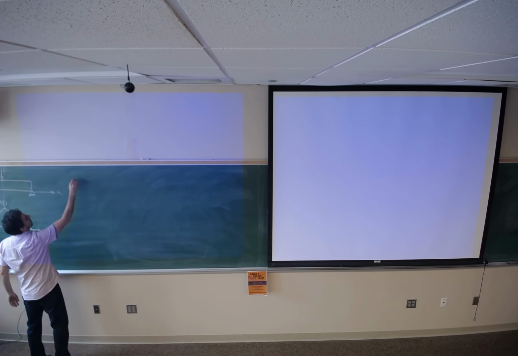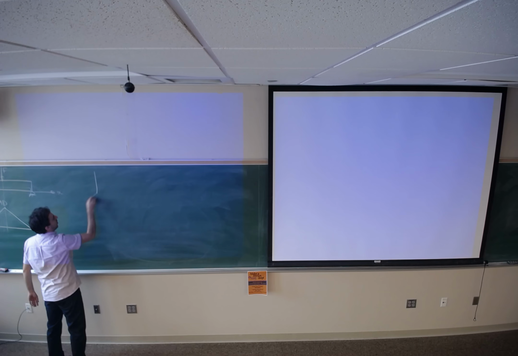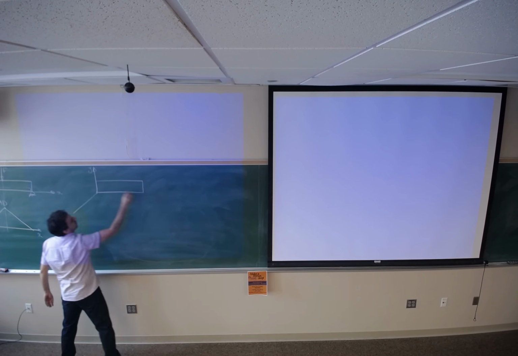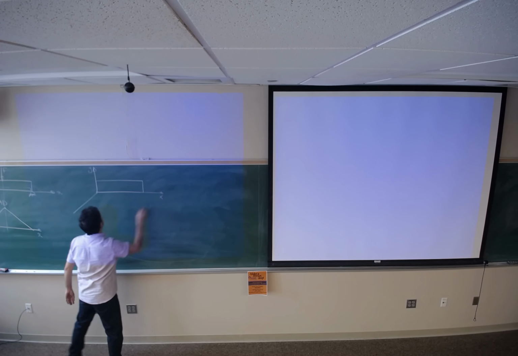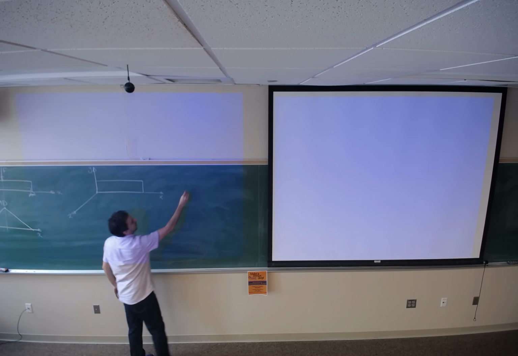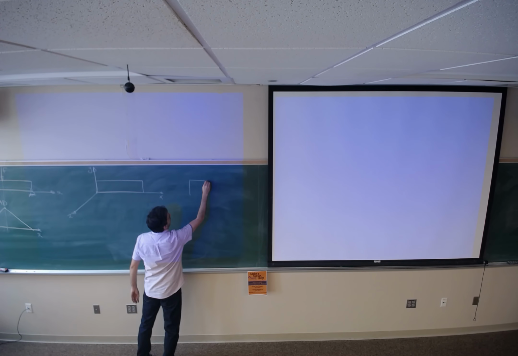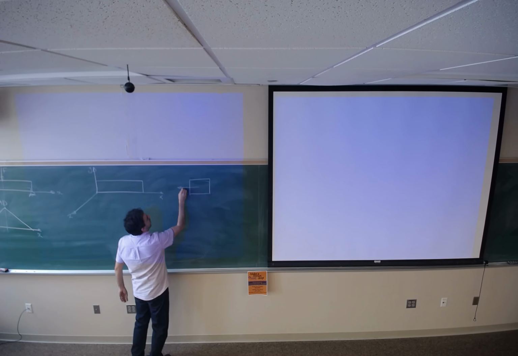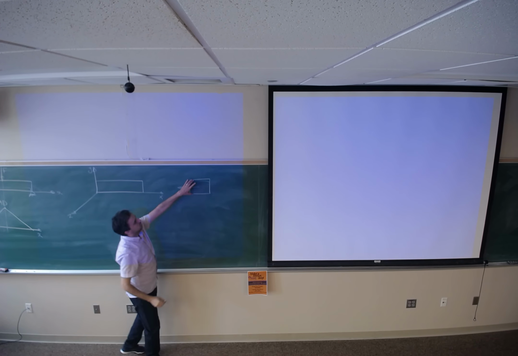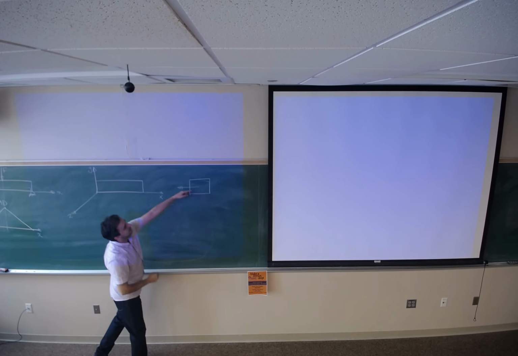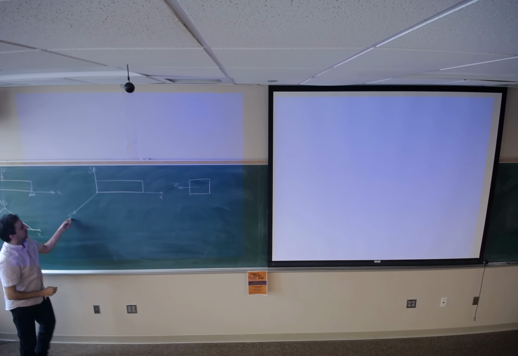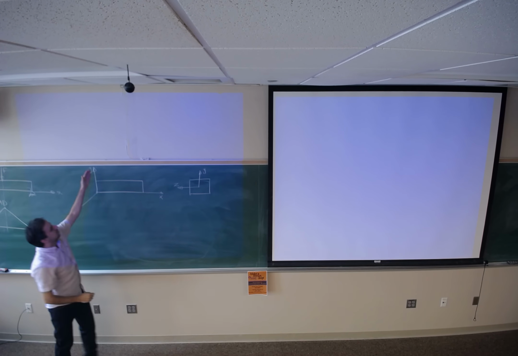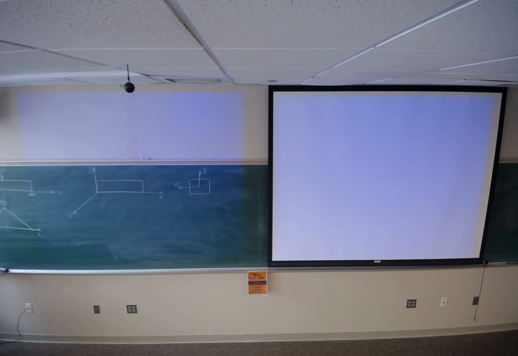If I draw the section here, this is the beam, with axis Y, axis X, and axis Z. If this is the cross section, looking from this side, this axis is going to be Z, this axis is going to be Y, and X is coming out of the plane.